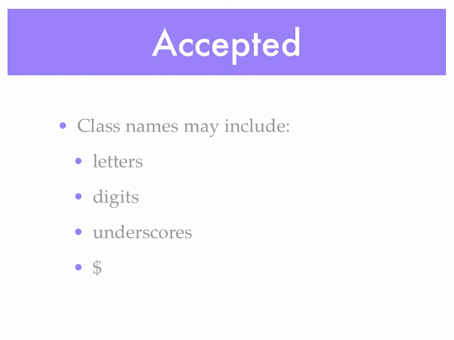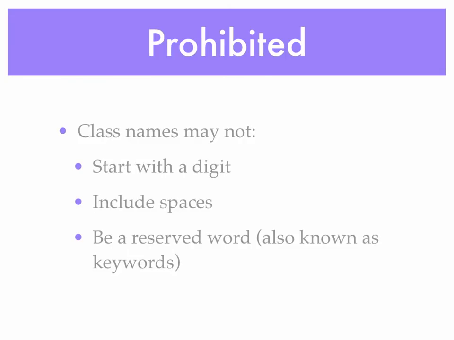Class names may include these four things: letters, digits, underscores, and dollar signs. Now the letters can be capital or lowercase, digits, single numbers, or you can put a series of numbers in sequence, underscores, but not dashes, and dollar signs, no spaces. What's prohibited is starting your class name with a number, with a digit, including spaces in your name, or using a reserved word.